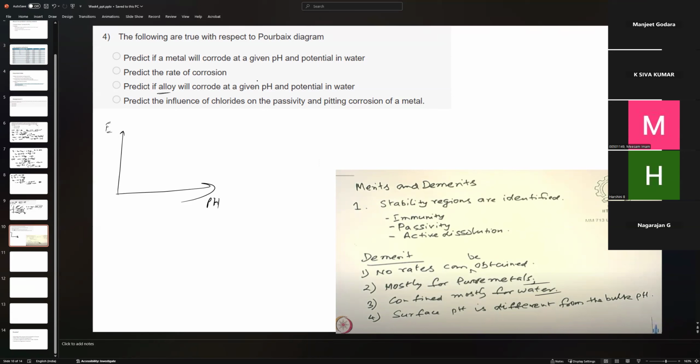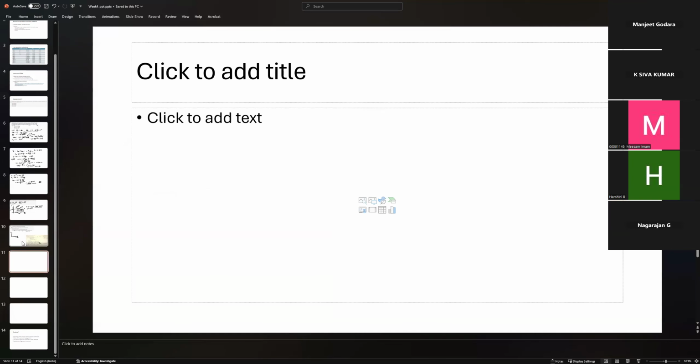Yes, it predicts if the metal will corrode at the given pH and potential in water. Otherwise, it doesn't work, for instance with the influence of fluoride. It only relates to the pH. Yes, that's correct.